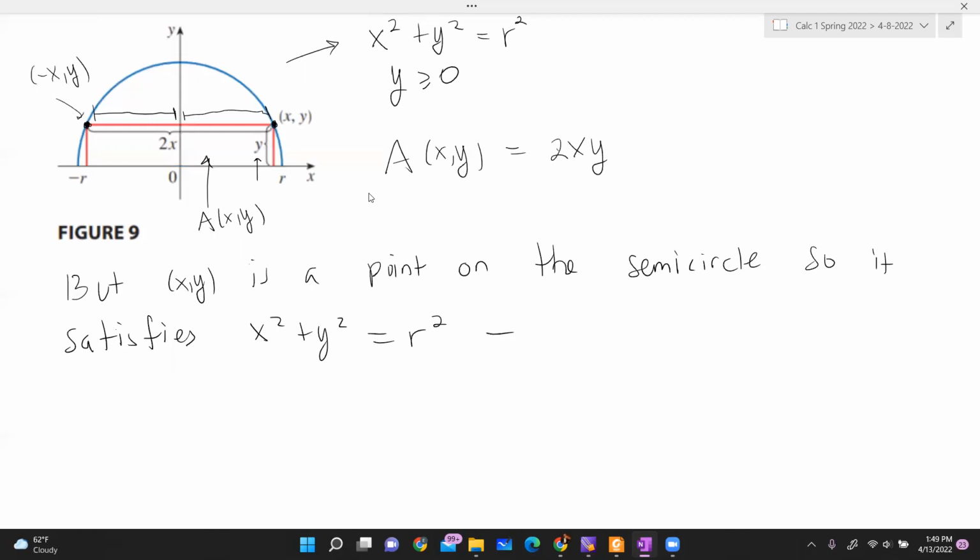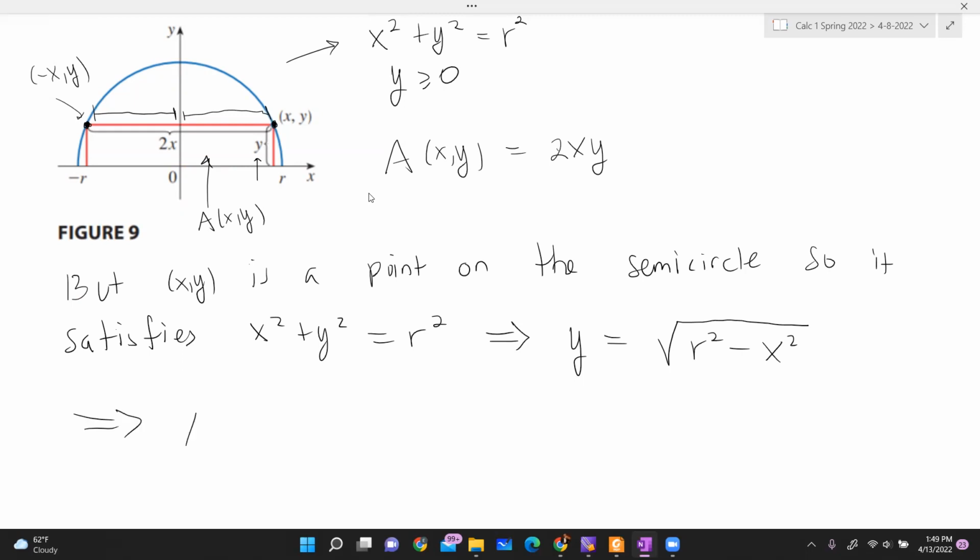So we can solve for y. You subtract x squared from both sides and take the square root, but we're only going to consider the positive square root because y has to be a positive number. And so we can eliminate y. What we end up with is y is equal to the square root of r squared minus x squared.